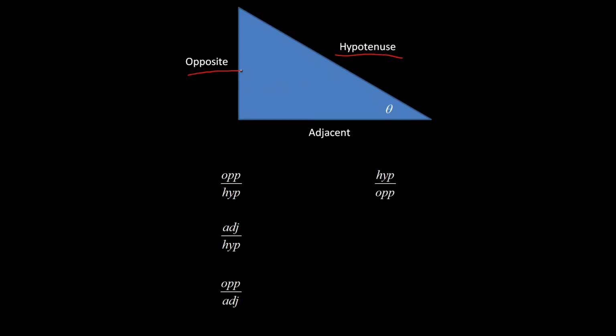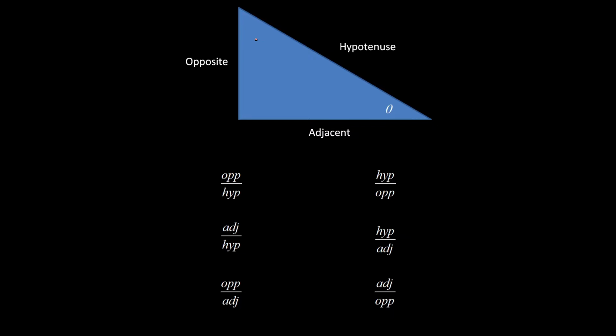Hypotenuse divided by opposite. Hypotenuse divided by adjacent. And the last possibility is adjacent divided by opposite. These are the 6 ratios we can form from these legs.